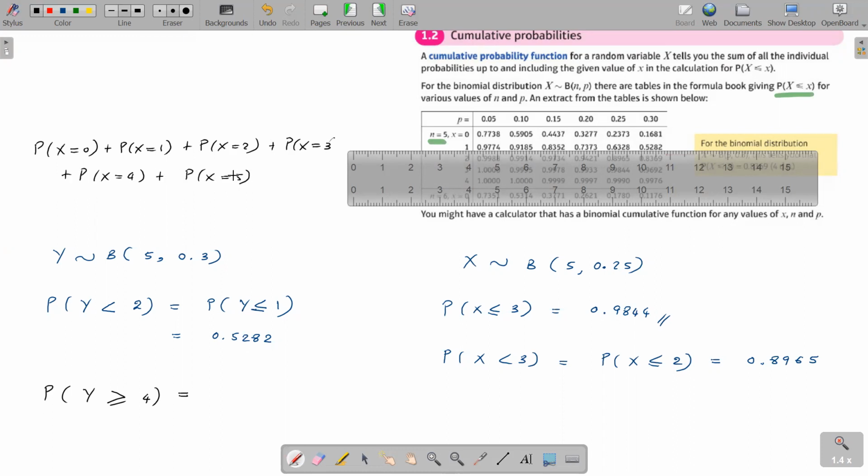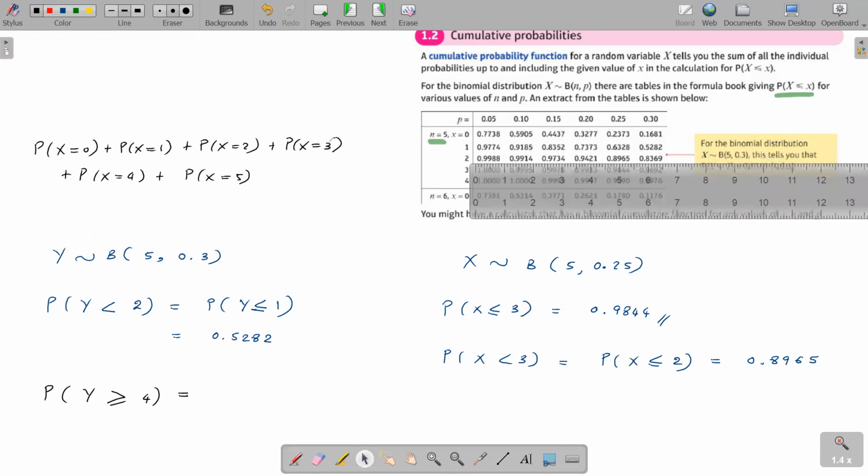We only have 5 trials. So all these probabilities must add up to how much? The total sum of all the probabilities must add up to 1. So when you say y is greater than or equal to 4, it includes what values? Y equals 4 and y equals 5, right? This is the meaning of y greater than or equal to 4 because there are only 5 trials. So you can only take the values 4 and 5.